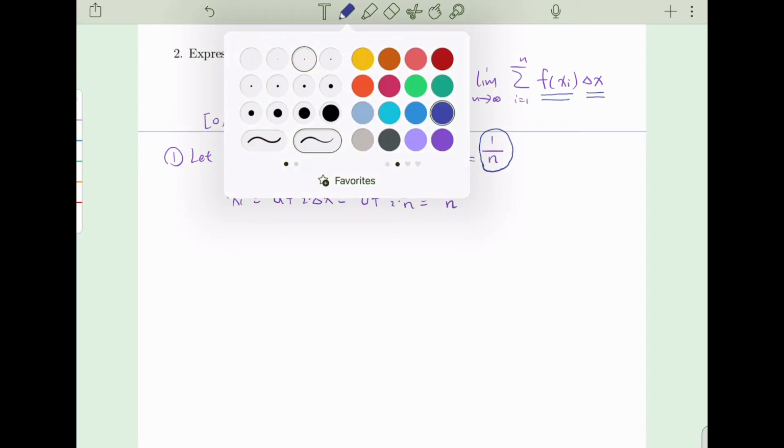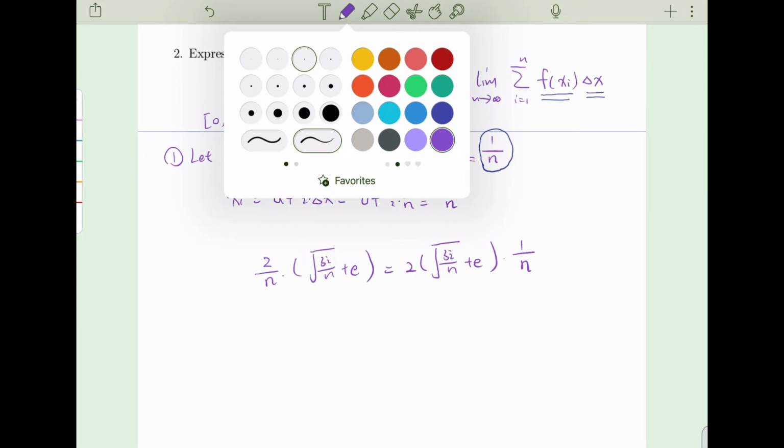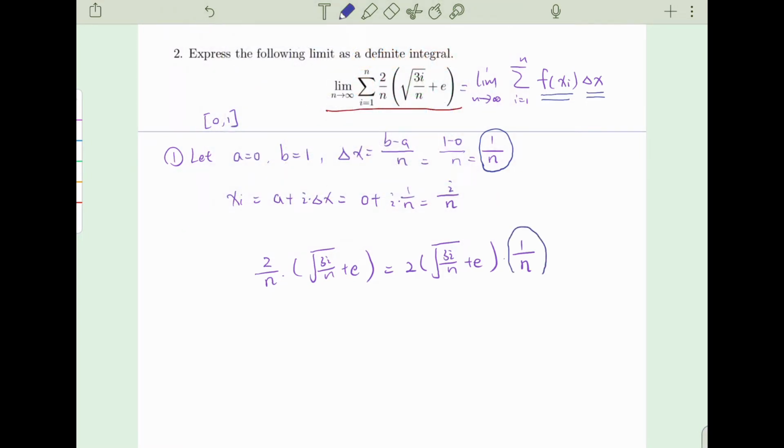The expression here, 2 divided by n, 3i over n plus e, can be written as 2 times this plus e times 1 over n. As I said, we have chosen delta x to be 1 over n, right? So this is the delta x.